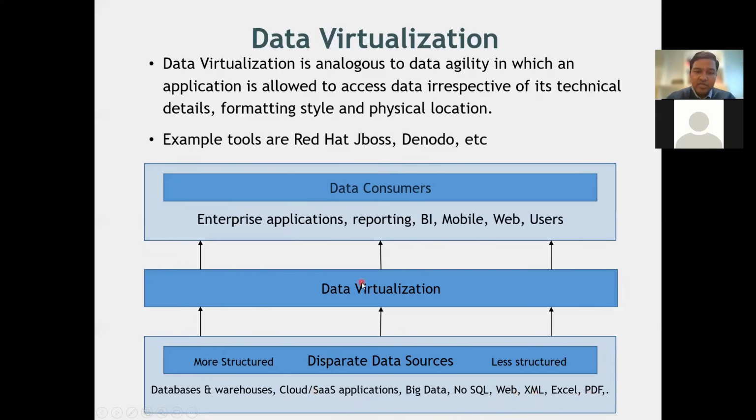But then using the data virtualization software, the application on top of it can access every type of data, and the data consumer can be business intelligence, a mobile user, a web user, or reporting for any enterprise application. There are many other data virtualization software, and Red Hat JBoss and Denodo are a few of them.